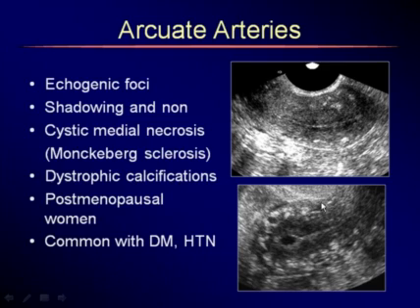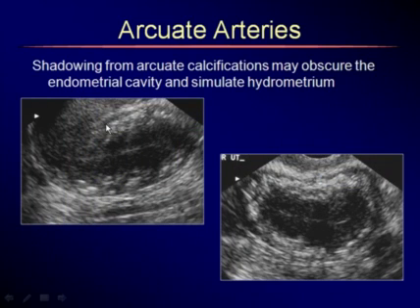So just so that you are familiar with the distribution: 5 millimeters under the serosal surface, echogenic foci. Now, sometimes the calcium is dense enough that it can cause acoustic shadowing, and that may cause so much attenuation that it may obscure the endometrial cavity line, and sometimes may even fool you and simulate a hydrometrium.